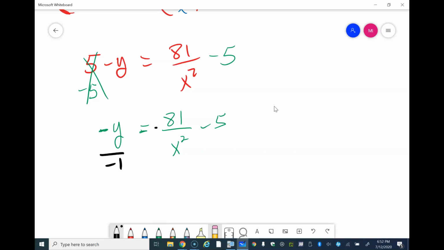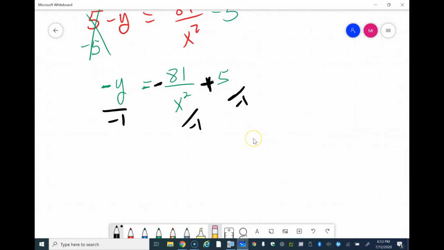If you divide this by negative 1, that puts a negative here, and that puts a positive here. So our final answer, once we set it equal to y, is y is equal to negative 81 over x squared plus 5.